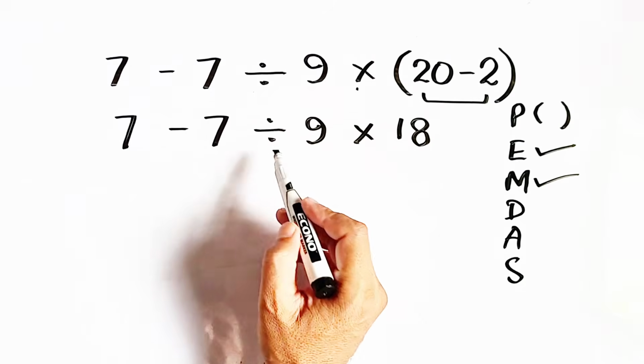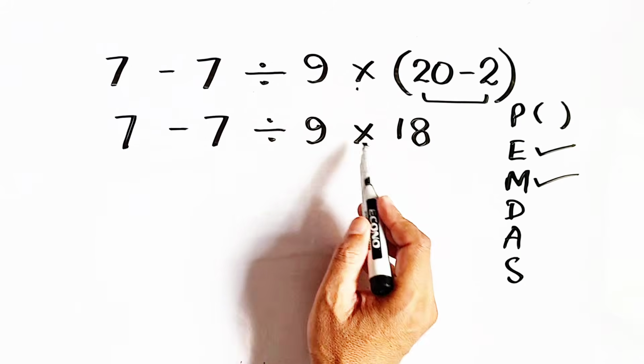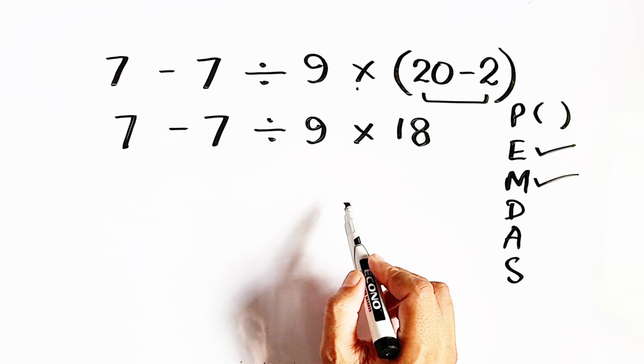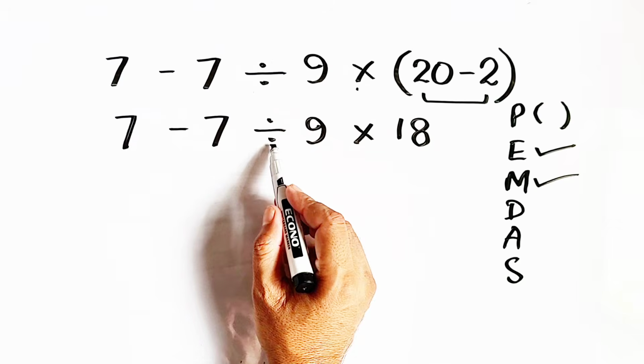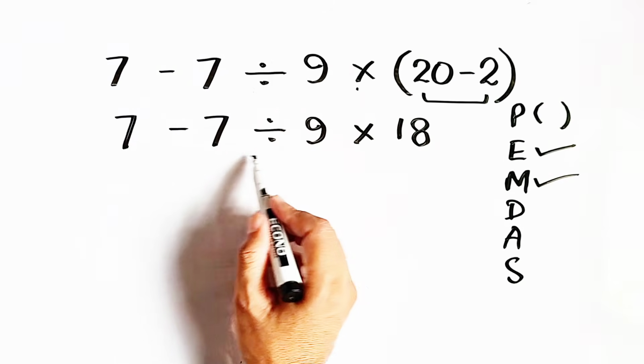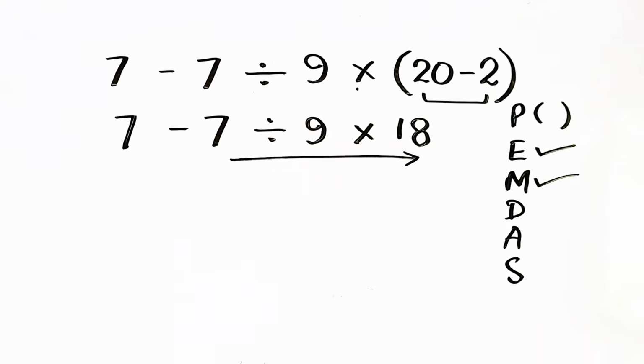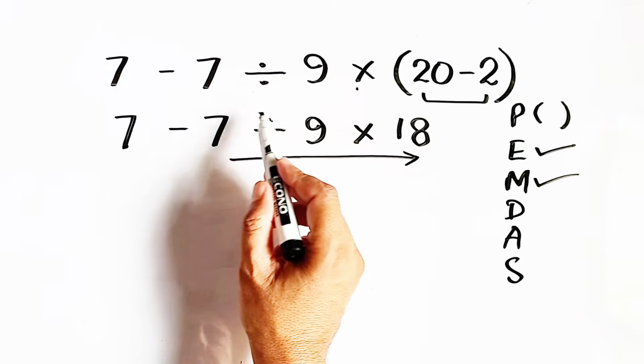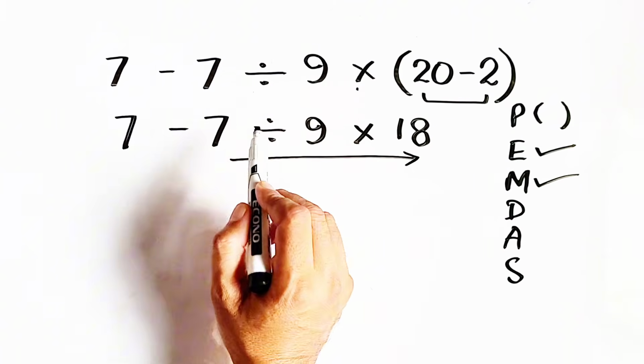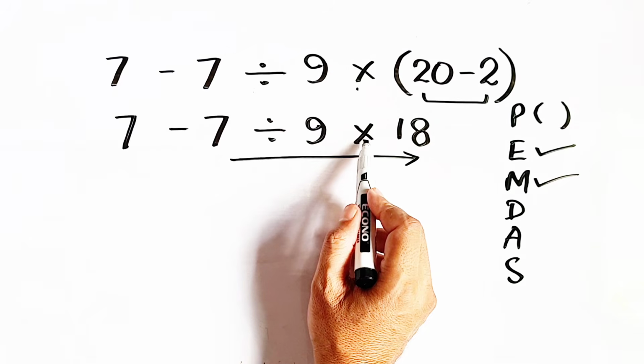Now the question arises whether we have to divide first or multiply first. PEMDAS told us that if division and multiplication are involved in a question, we have to move from left to right. Here division is at left, it will be performed first, then multiplication.